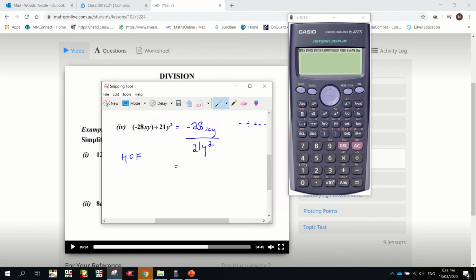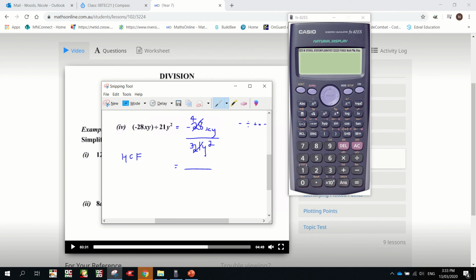Now, I'm pretty good at my times tables, and I know that 7 goes into both of these numbers equally. Okay, so I'm going to start with 7. So, numbers first. How many times does 7 go into 21? 3 times. How many times does 7 go into 28? 4 times. Now, I don't have an x in the bottom, so it has to stay.